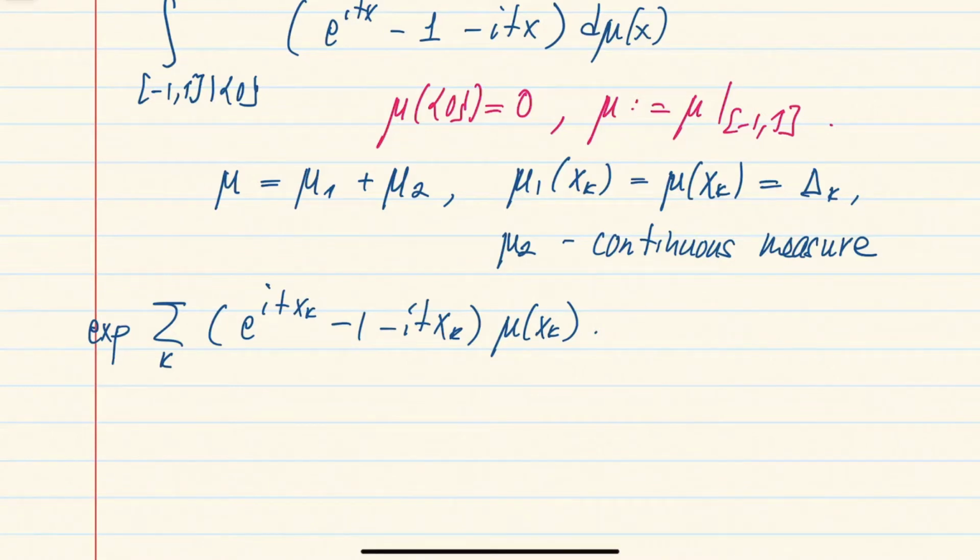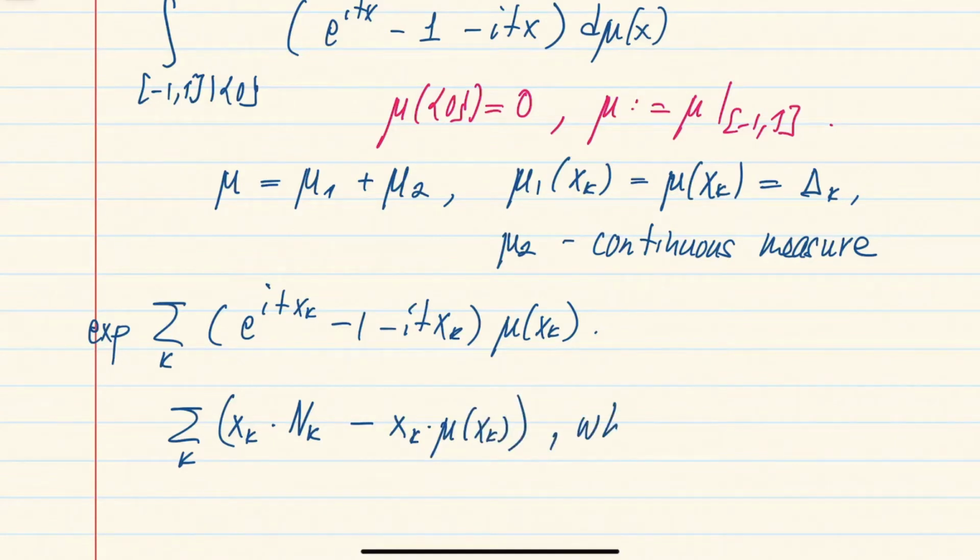If you take the sum over k of xk times nk minus xk times this measure mu of xk, where nk is a Poisson random variable with the mean mu of xk, then for each term in this formal series, the characteristic function will be exactly of the above form.